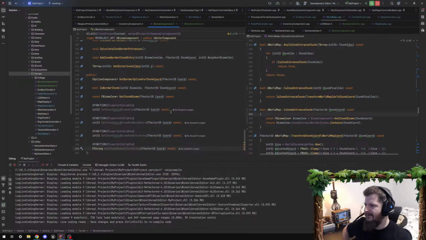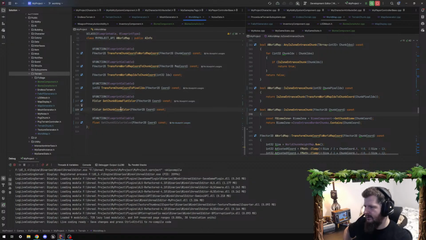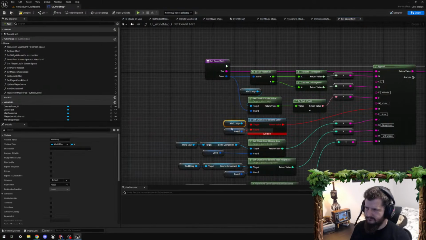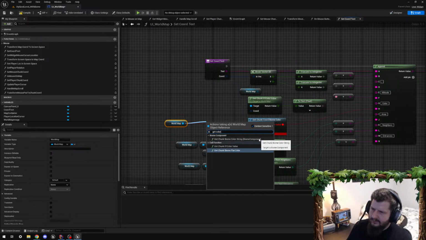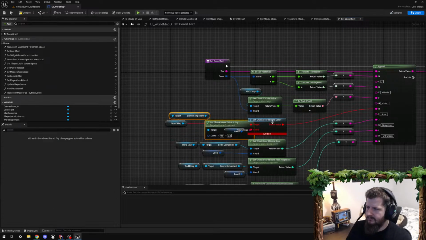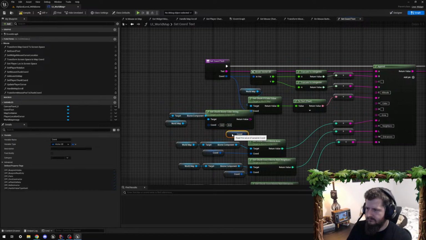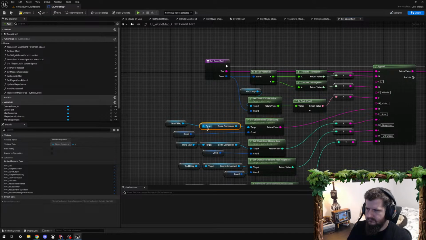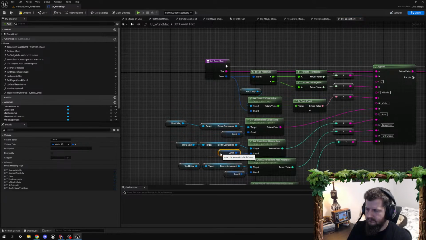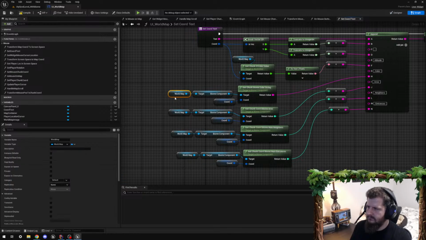Get chunk coordinate biome color. That is definitely a biome zone sounding thing. Or no, that's not. That's actually a world map. Did I just do get chunk coord color? Is that what I did? I have color string. Is that what I wanted? I think that's what I wanted. Okay.